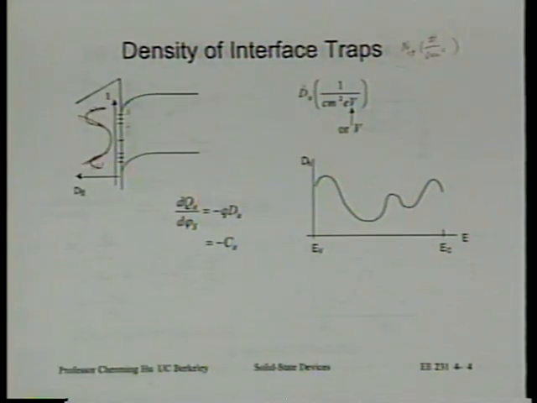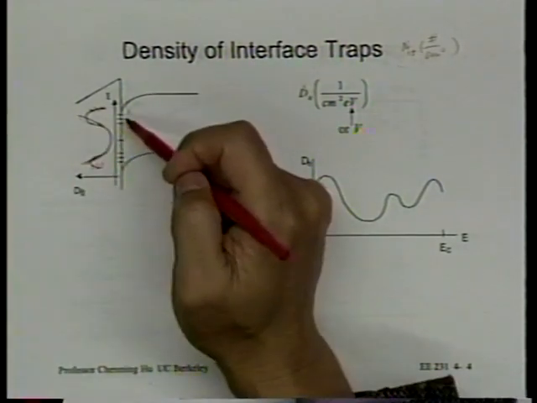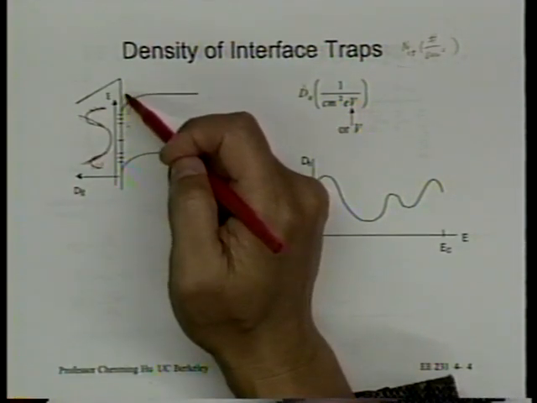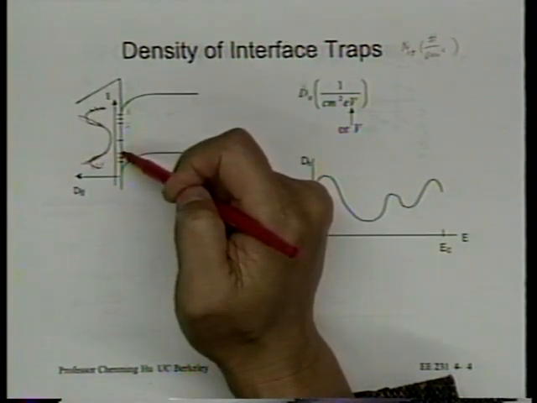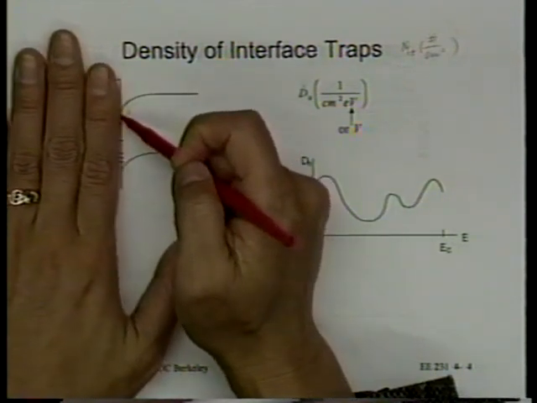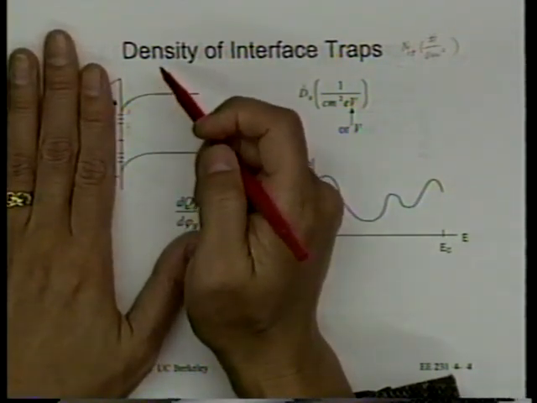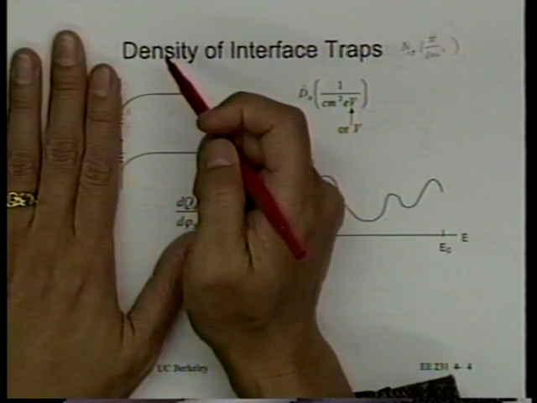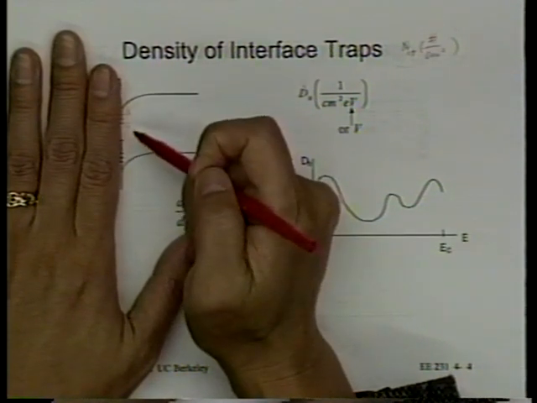Why would I suspect that there would be more traps near the band edges? Because one way to think about interface traps is as an extension of the conduction band and an extension of the valence band. Again, if we don't disturb this lattice at all, we don't expect any traps here. This oxide terminated the three-dimensional crystal, so we think some traps will be introduced.